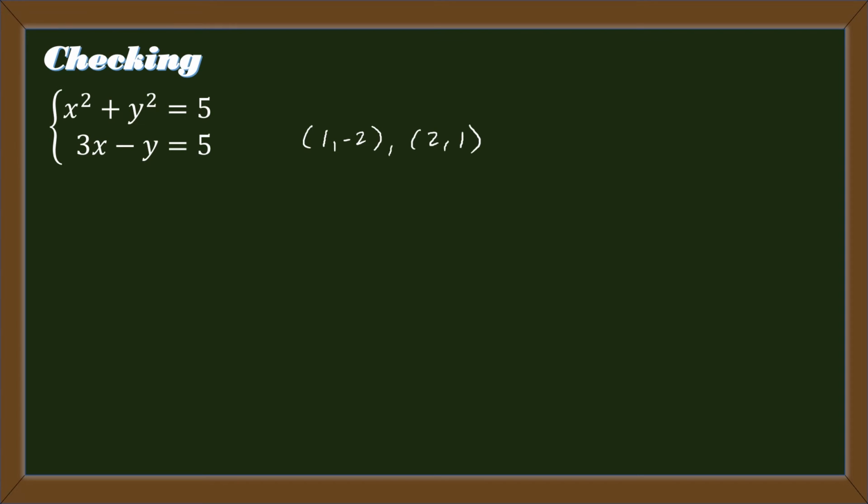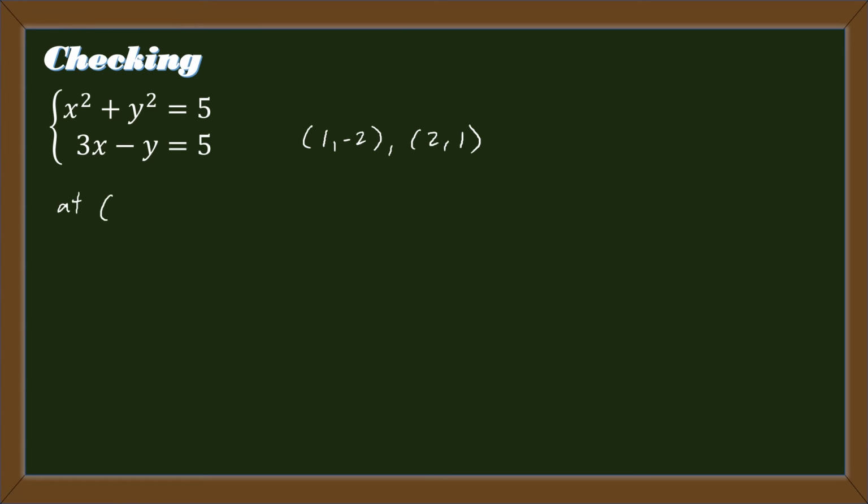To check our solution, we will again substitute the ordered pairs into our system of nonlinear equations. Recall that our solutions are the ordered pairs 1, negative 2 and 2, 1. Since we solved for the value of y using the linear equation, we're going to check using the equation of the circle.